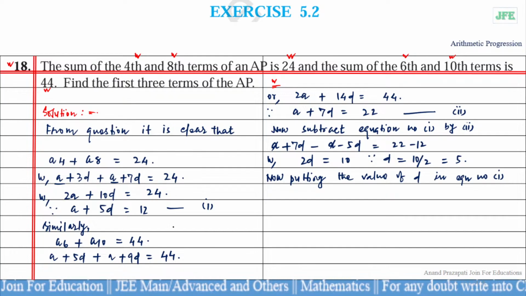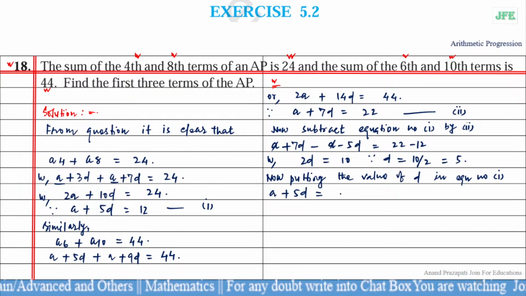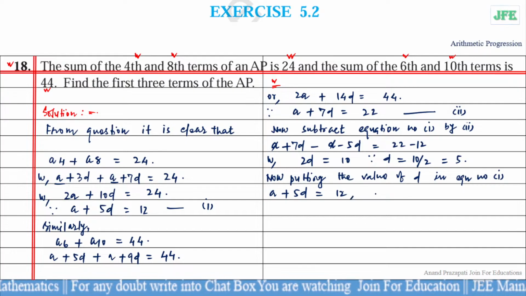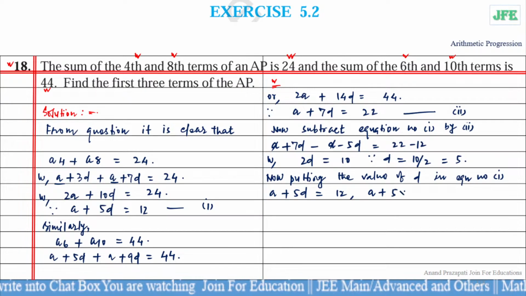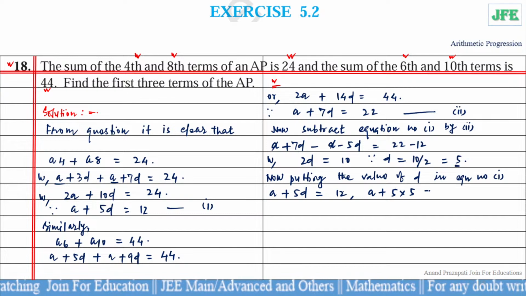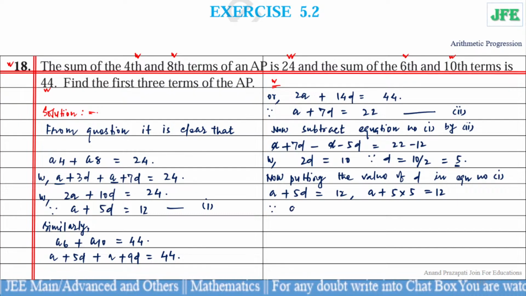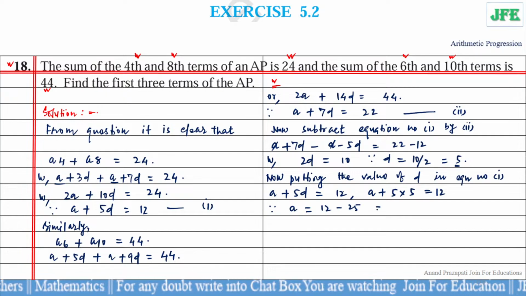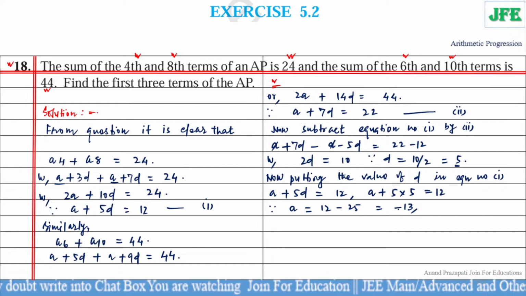So we recall equation number 1, which is a plus 5d equal to 12, or here it will be a plus 5 into 5, the value of d is 5, equal to 12. Therefore here a equal to 12 minus 25 equal to minus 13. There is no problem to understand up to this step.